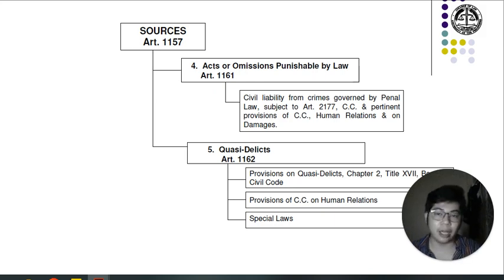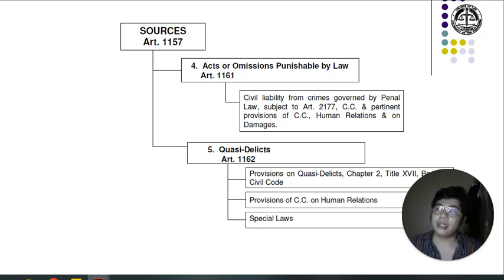Or let's say the mother and father died, and there is a sister who is working and beyond 21 years old, would it be presumed that one asks support from the auntie rather than from the sister who is already working? To exemplify what presumption is: the presumption according to law falls to the sister rather than to the aunt. So these kinds of obligations are not presumed. It must really be stated in law. If the law does not provide for such obligation, then that obligation does not exist legally.